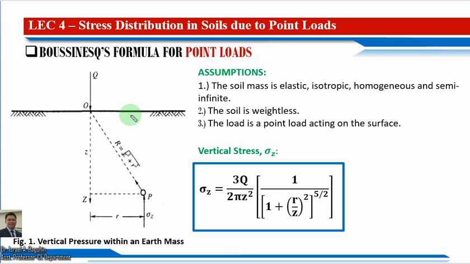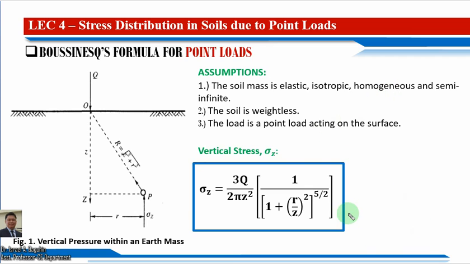The problem of determining stresses at any point P at a depth z as a result of a surface point load was solved by Boussinesq in 1885 on the following assumptions. First, the soil mass is elastic, isotropic, homogeneous, and semi-infinite.